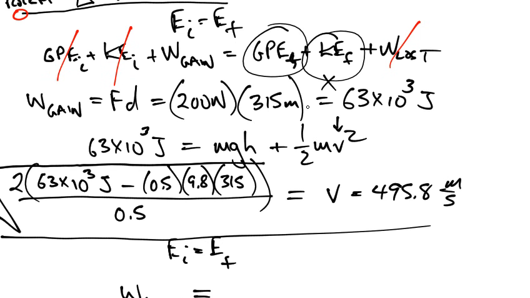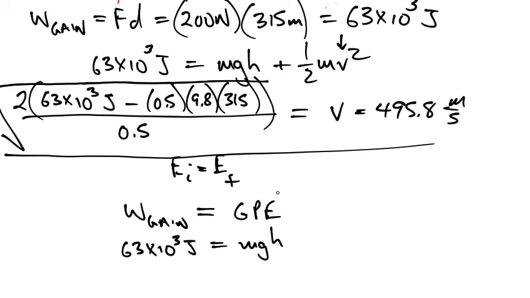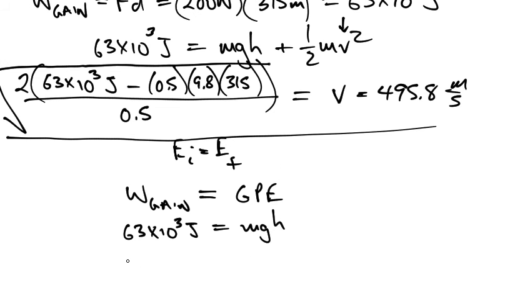That's going to be kind of confusing. Let me just erase this x because it's going to look like something's wrong here. But we no longer have a KE. So in fact, what we would do is we would just say that's just equal to GPE. No KE, because at the top the velocity is 0. So therefore, we would just say 63,000 joules is equal to mgh.